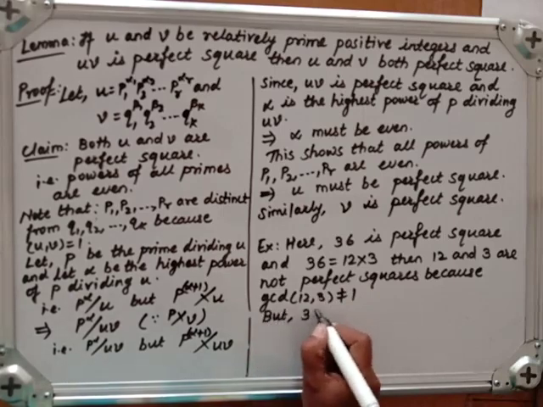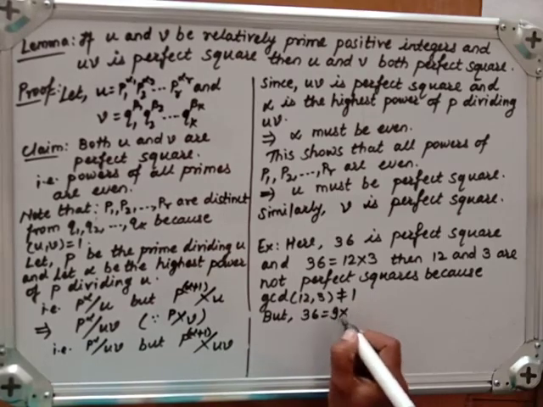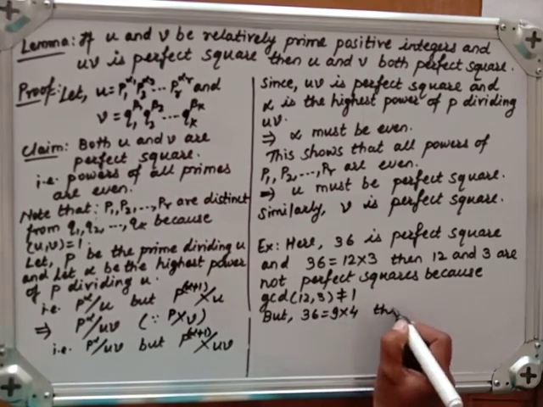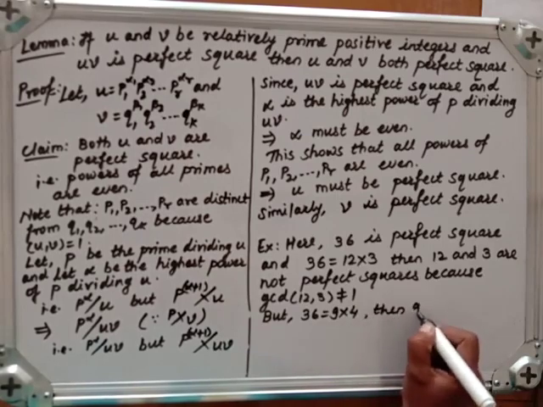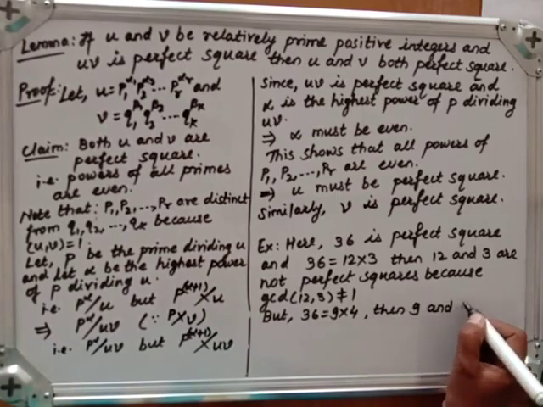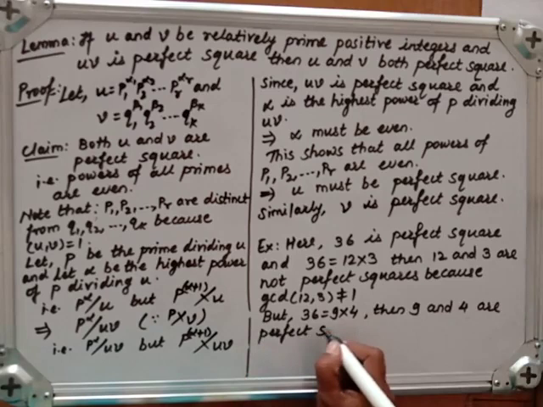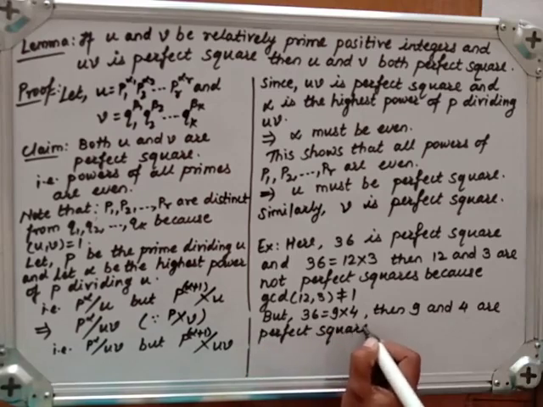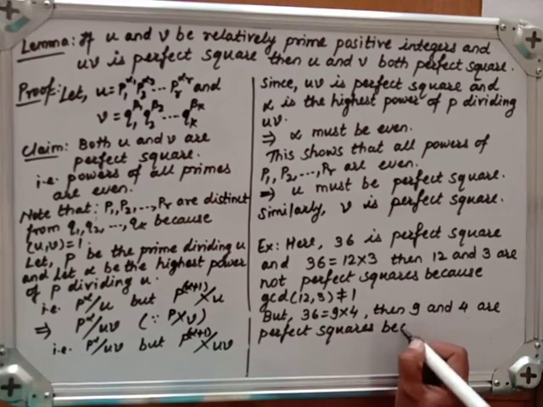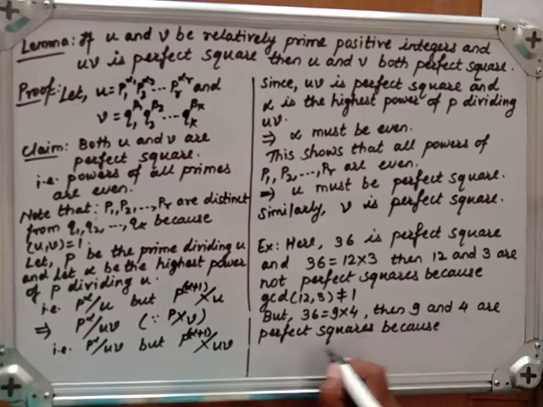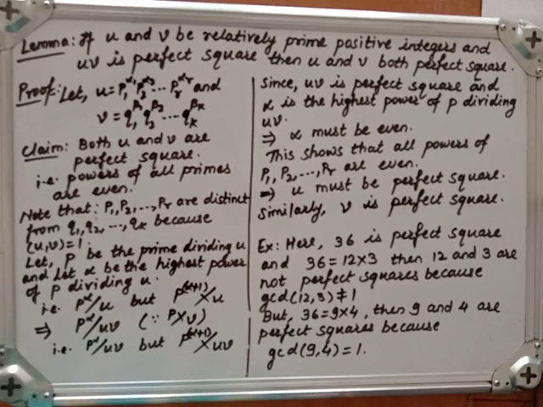But 36 is equal to 9 into 4. Then 9 and 4 are perfect squares, because GCD of 9 and 4 is 1.